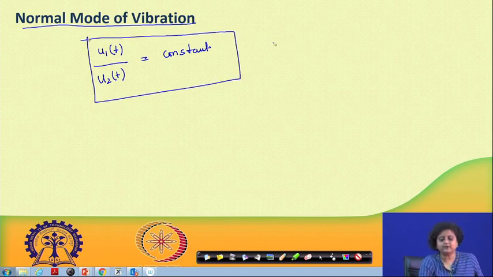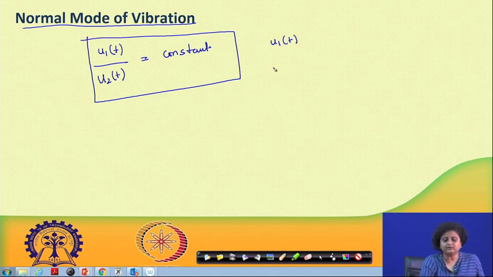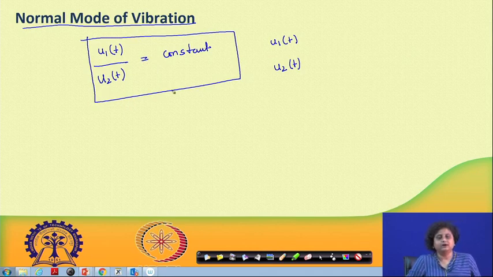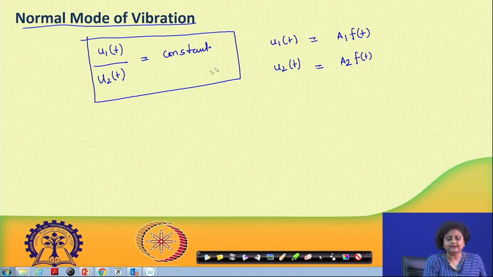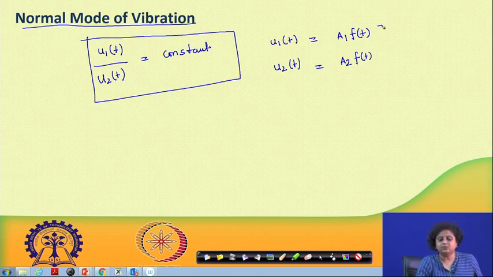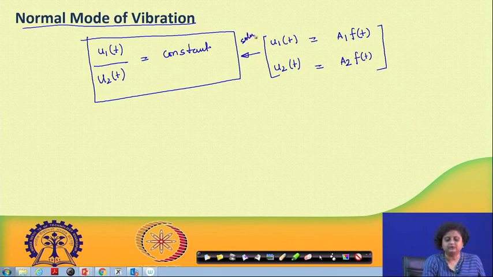So, what should u1(t) and u2(t) be such that this expression is satisfied? If I write that u1(t) is some a1 into f(t) and u2(t) is another constant a2 into f(t), where this f(t) and this f(t) are the same, then I can see that this criterion of synchronous motion under normal mode of vibration is going to be satisfied. So, this is a possible solution for this condition.